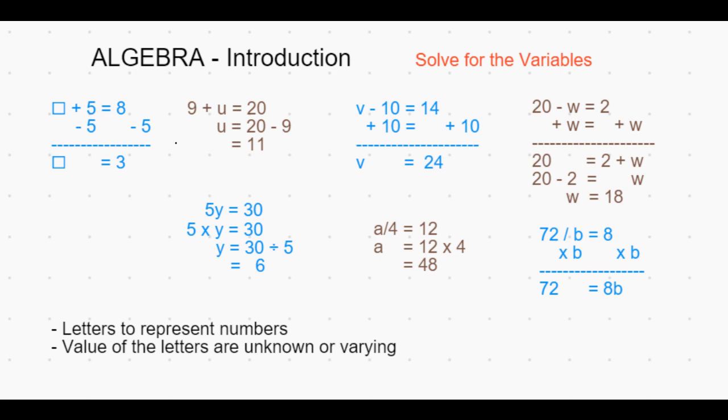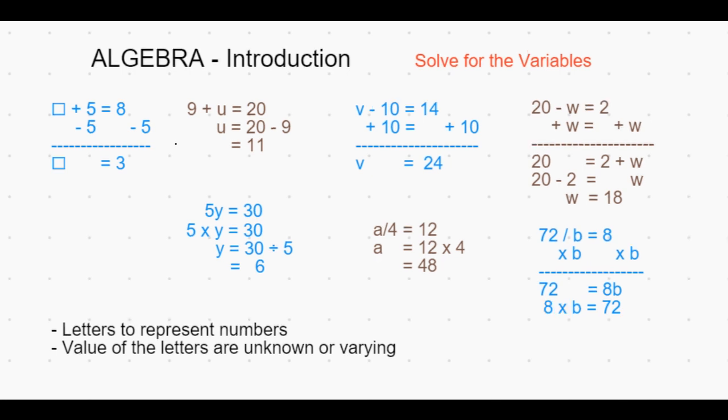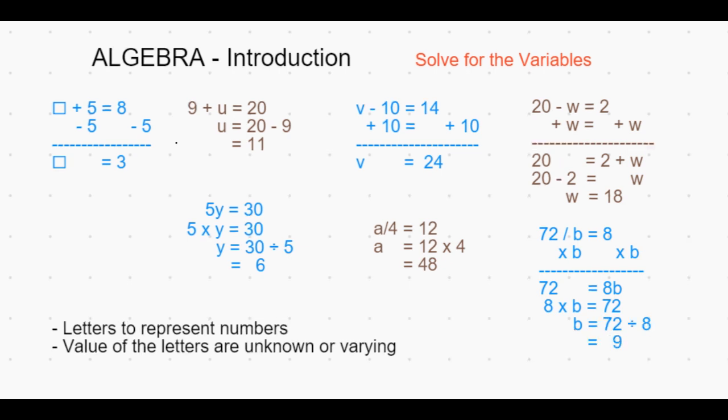This is now similar to the first multiplication example. 8b is equal to 72. That is 8 times b equal to 72. So we divide either sides of the equation by 8. So b equal to 72 divided by 8 equal to 9. This is Introduction to Algebra where we solve for the variables.